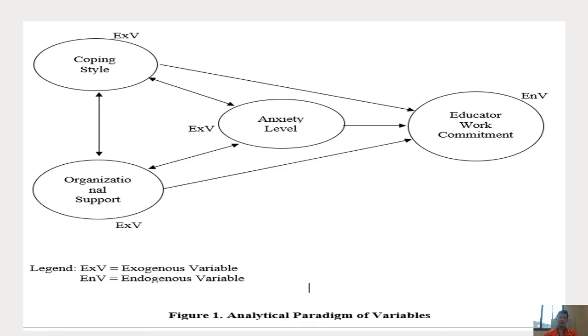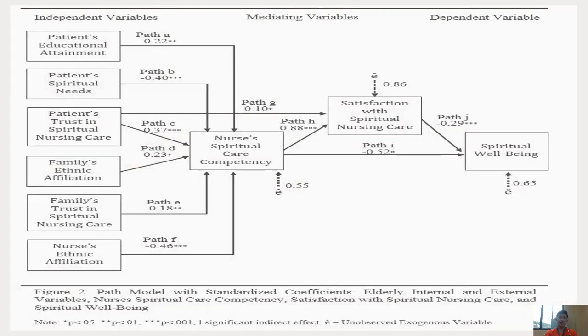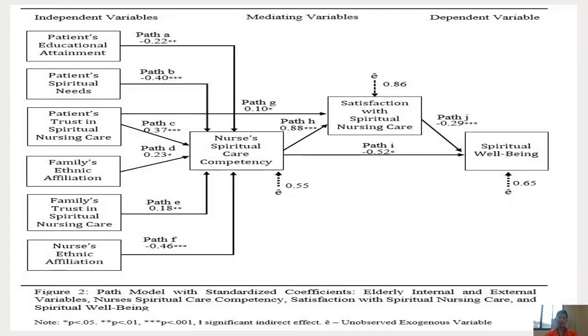And this type of research is a path analysis. And further, another example is this study which shows having a mediating variable or intervening variable that influences the dependent variable.